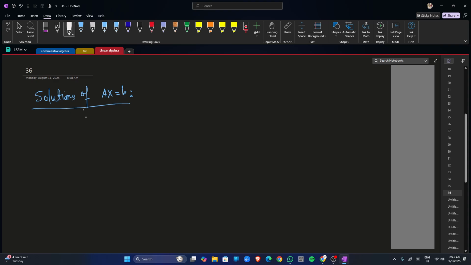So now we are trying to find a solution of non-homogeneous system of equations. How can we find that?